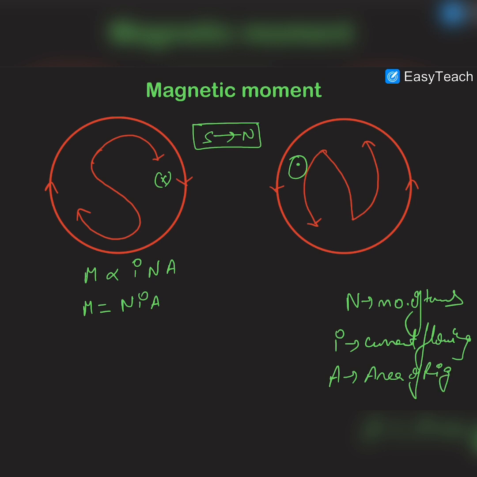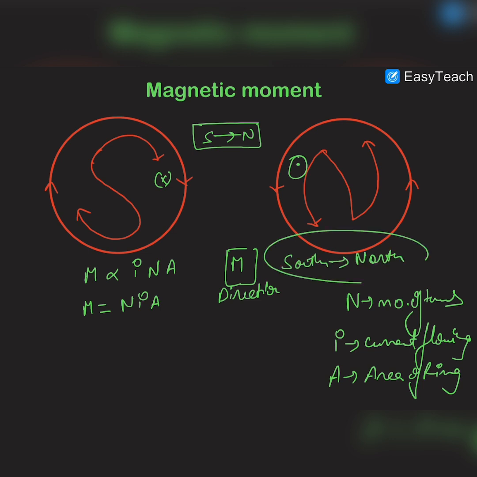And obviously we know that in this case the magnetic field is going inside, and in this case the magnetic field is coming outside, and the direction of the magnetic dipole moment M will be from south pole to north pole, south to north.